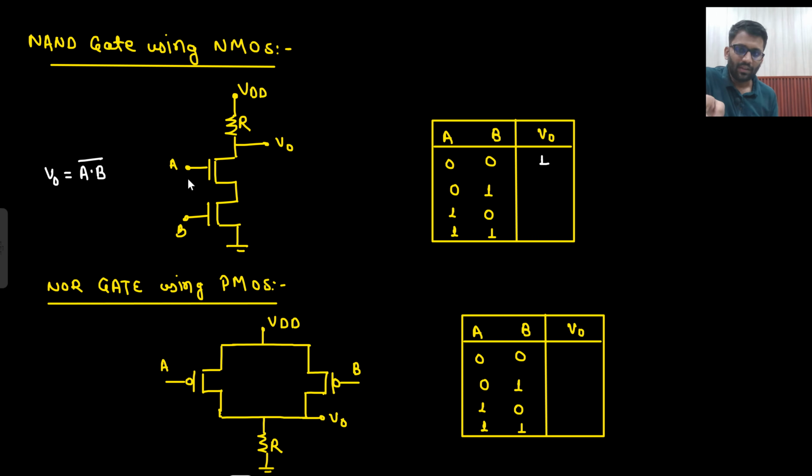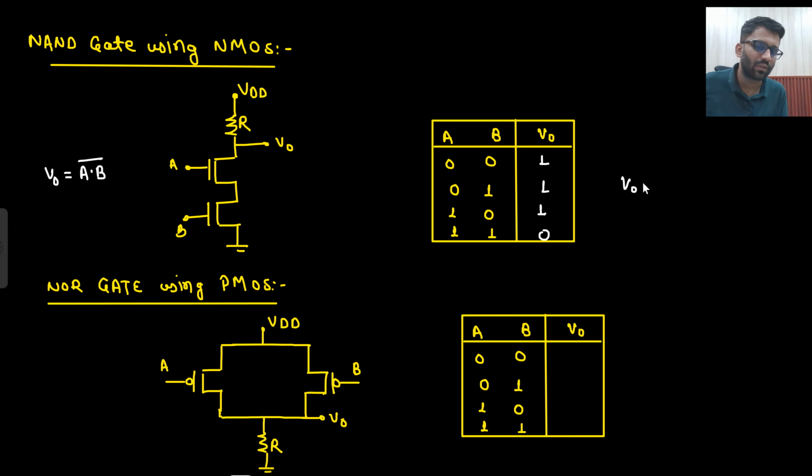If one is 0 and one is 1, that means this will be open circuited, so certainly there will be no current, because to flow the current all should be on. If this is open circuited, there will be no current, so again VDD will come to V out. Same goes for the next case, this is on, this is off, so again VDD will come to V out. If both are 1, the complete circuit will be shorted, so V naught will go to 0.